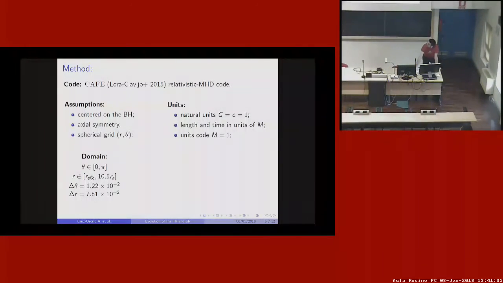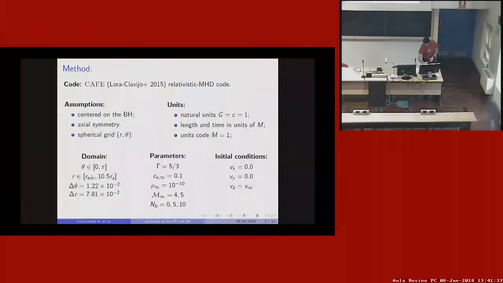Rh is the radius of the event horizon of the black hole, and delta theta and delta R are the resolution of the grid. These are the parameters used to define the gas cloud.